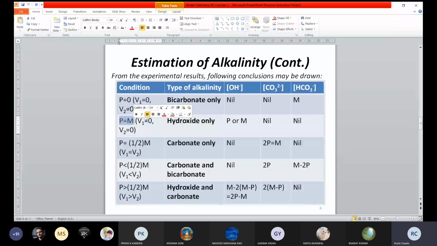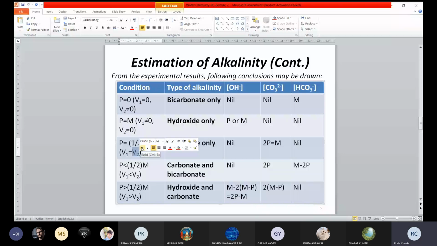Then the third extreme condition can be when P is exactly equal to half M, or you can say V1 is equal to V2. That is the volume used up to phenolphthalein endpoint. Say it is 20 ml. After that, to reach methyl orange endpoint, you will add another 20 ml. So V1, V2 are same, 20 ml is equal to 20 ml.